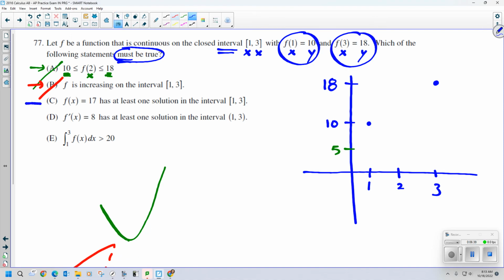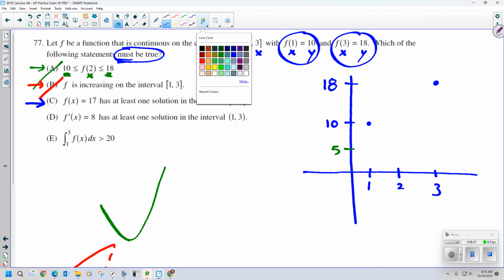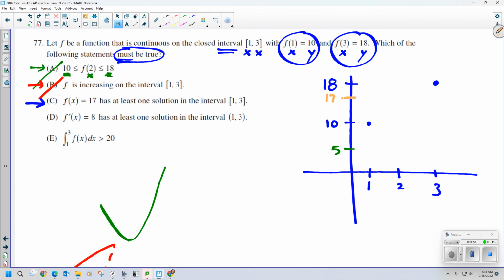Oh, C. f of x equals 17 has at least one solution. All right, so let's do this in orange. Here's 17. I have this line. It has at least one solution. Do you see this right here? It's continuous, the function.